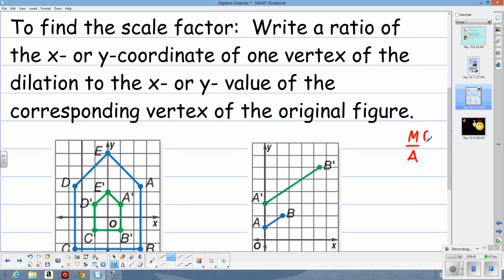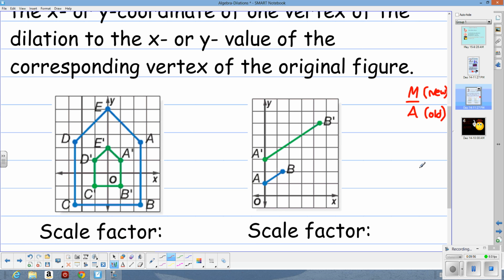The model is like the new image, and the actual is the original one or the old one. So if I want to find the scale factor, I want to compare the new to the old. The one with the little prime symbols is the new one.